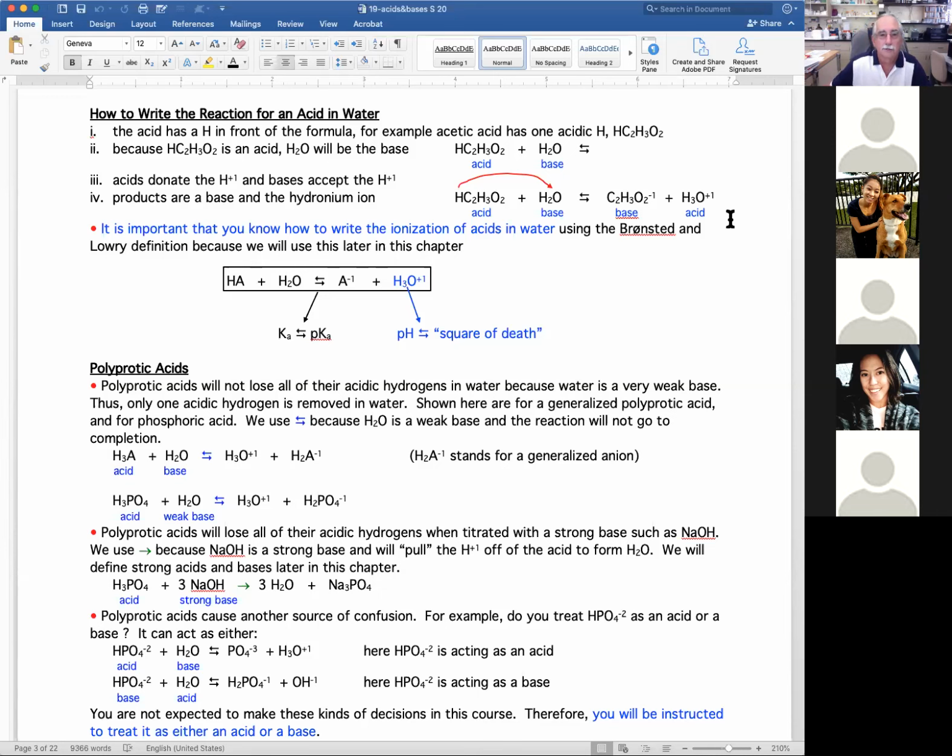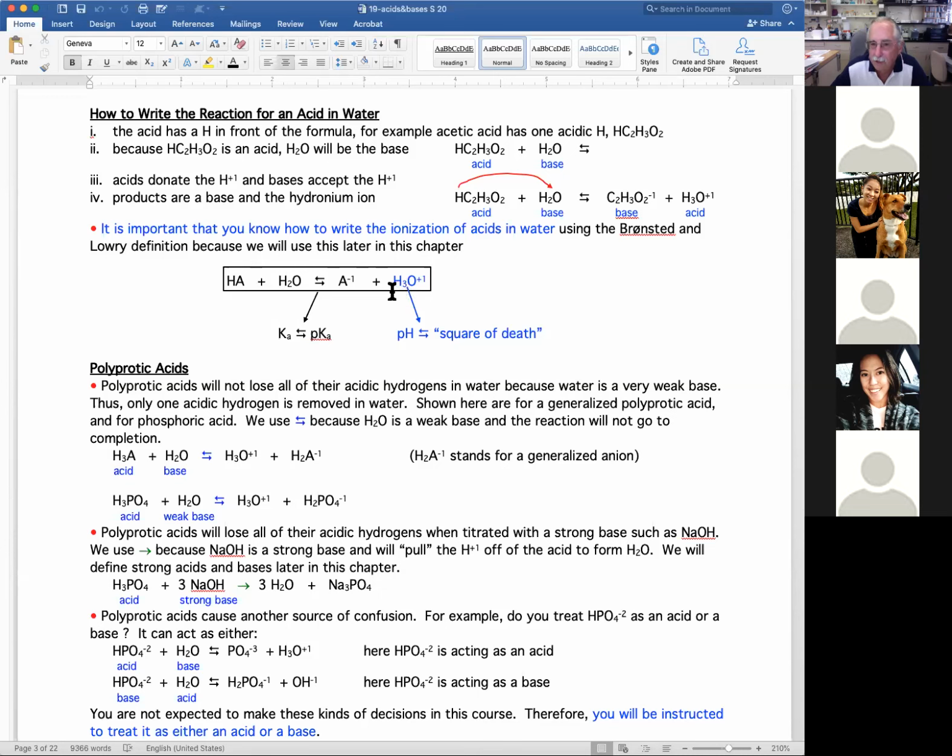So later on, you'll see this. The entire reaction over here, if there's a two-directional arrow, if it goes to equilibrium, the equilibrium constant is called the Ka. We'll see this in a minute. If I take the negative log of that Ka, I get what's called pKa. This also gives me the H plus.